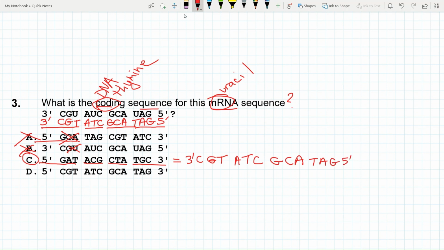All right. And these two are the same. Just to be thorough, let's have a look at D. D, we have 5 prime next to CGT. And in ours, we have 5 prime next to GAT. So that's incorrect.